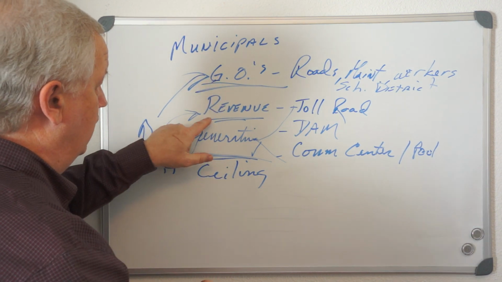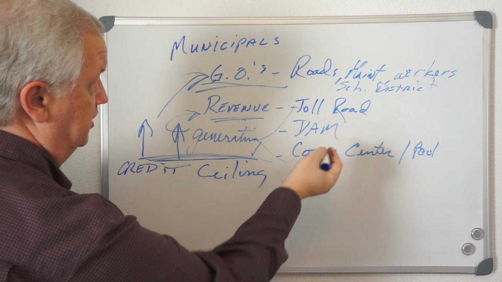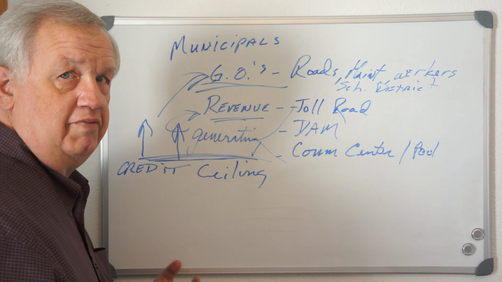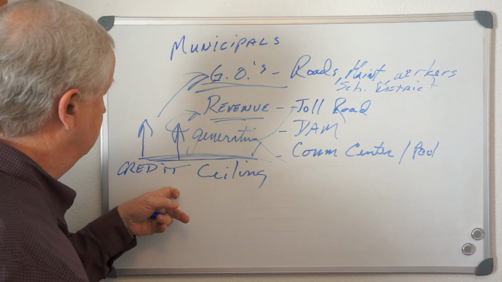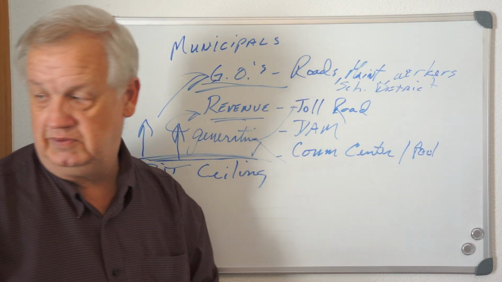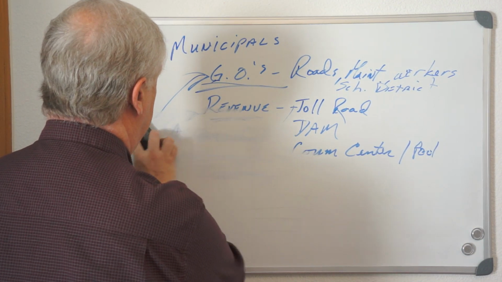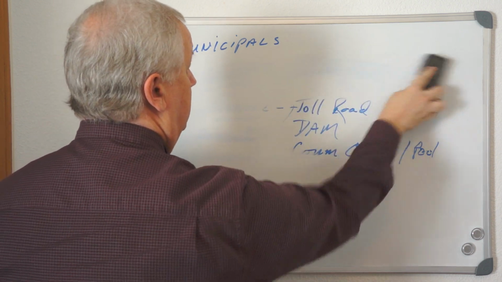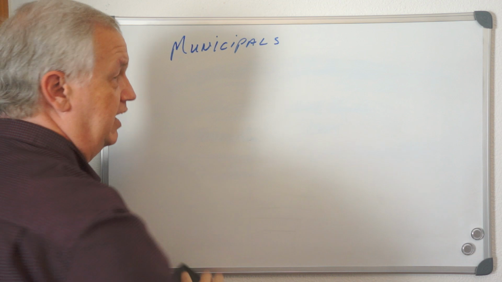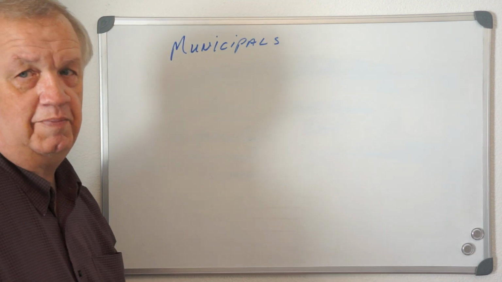Otherwise, the revenue bonds are the only thing that don't go against this ceiling because it's based on projects. But if what they want to do does not generate revenue to pay it off, they got to get the ceiling raised. That's the politics of the municipal government. Okay. A little bit more accountability, but a lot of times the people don't realize that they already outlived their debt level.